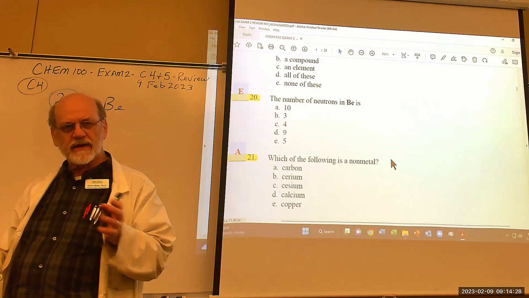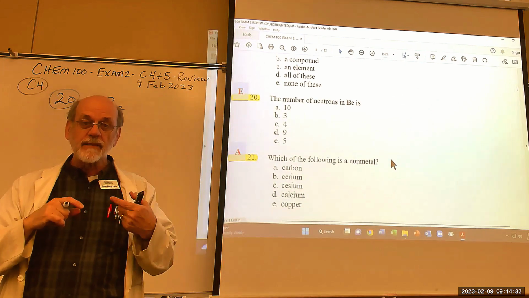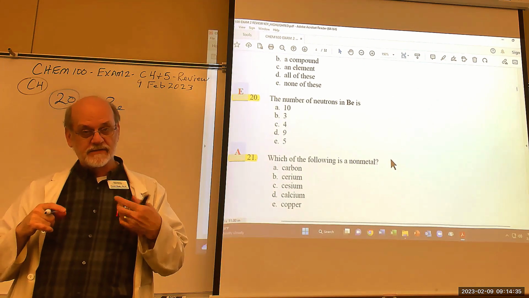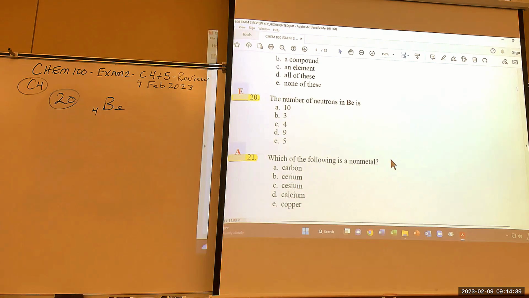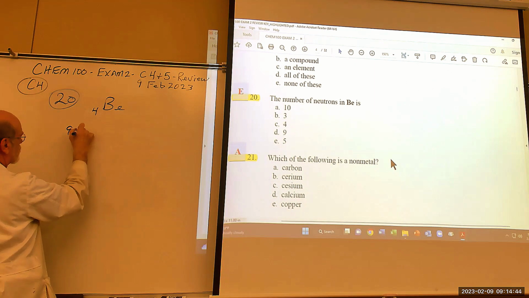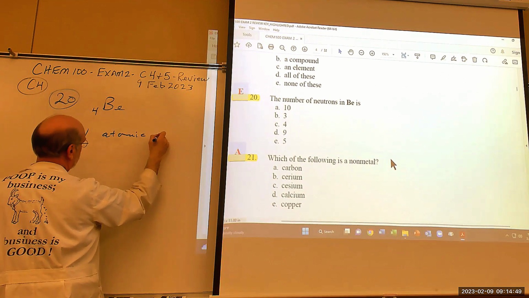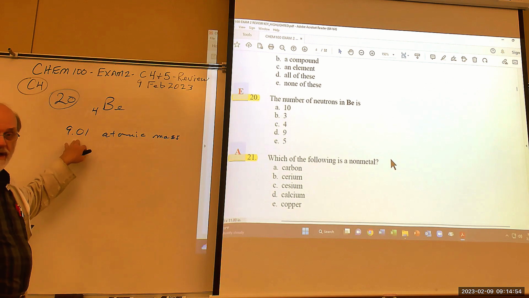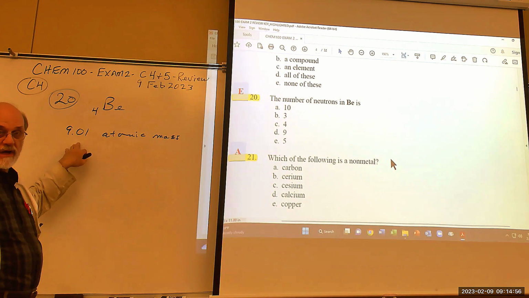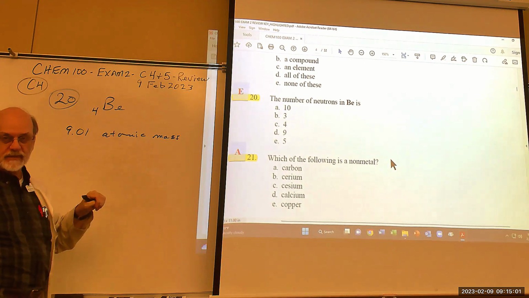So we look at the periodic table and find that the atomic mass is given as not a whole number, but a fractional number. And that for beryllium is 9.01. 9.01 is the atomic mass. Okay, remember how we arrive at atomic mass? It's the weighted average of all the isotopes in the naturally occurring beryllium.